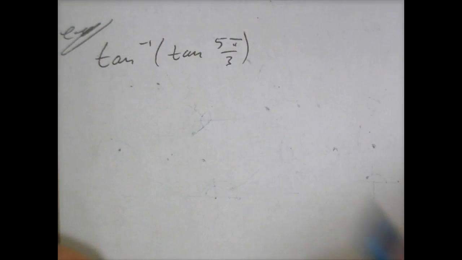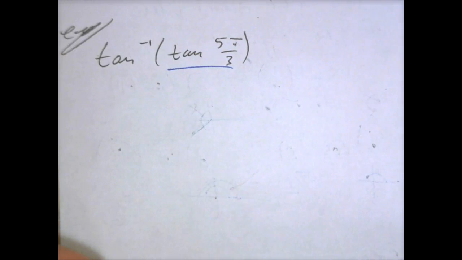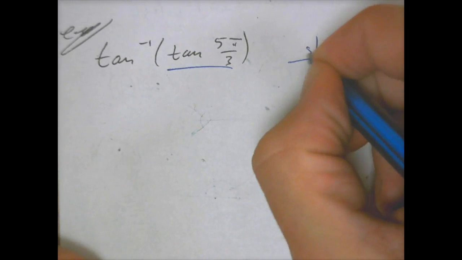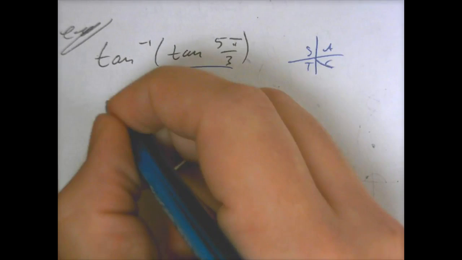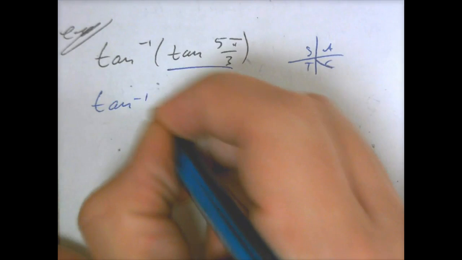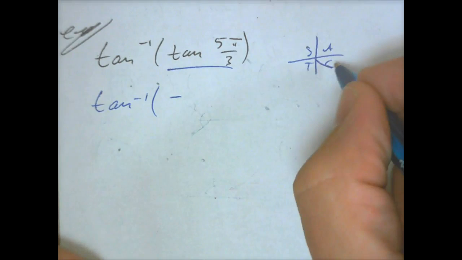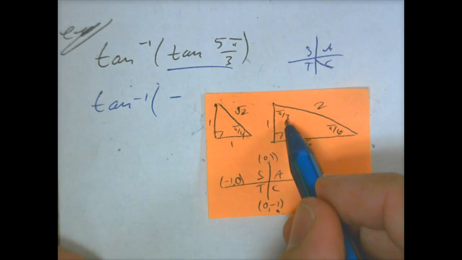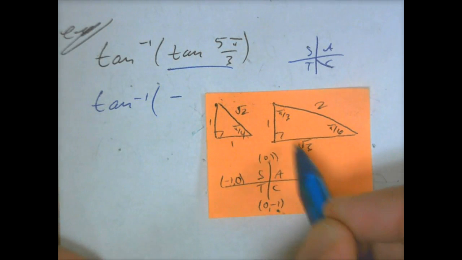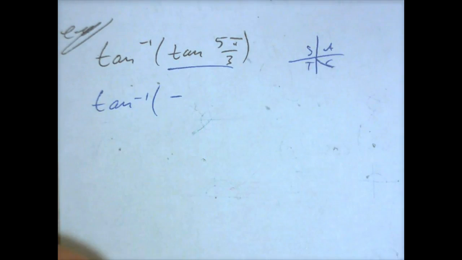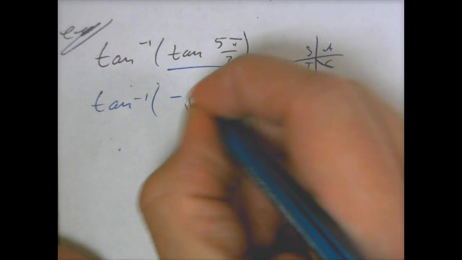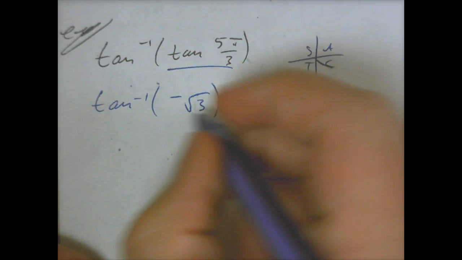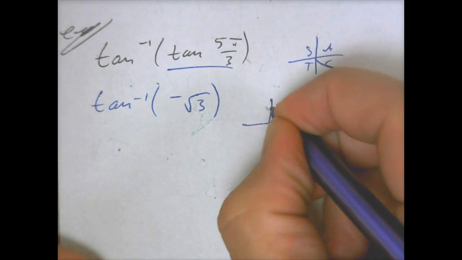Okay, here's our next one. I'm going to be doing the same thing. Evaluate tangent of 5 pi over 3. Well, I know that that is in the fourth quadrant, ASTC, so tangent will be a negative value, so this is going to be tangent inverse of some negative value. My reference angle is pi over 3, so from pi over 3, I have opposite is square root 3, I have adjacent is 1, so I can say that this is negative square root 3 over 1, which is just negative square root 3. Well, now I have to remember that tangent inverse only exists in quadrants 1 and 4.